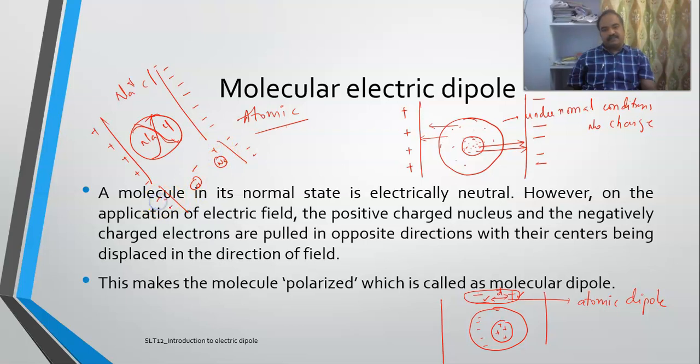So it is a molecular dipole where ions have been formed. If the ions are separated, then it's okay. If they are still in the molecule, then this molecule is called a molecular dipole. So it is a concept of polarization of a neutral material on the application of an electric field.